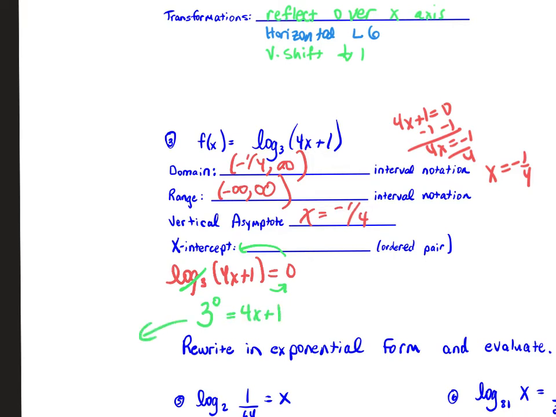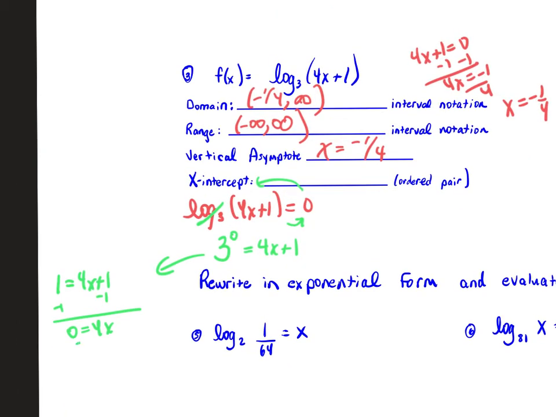I'm going to move over here to do my work. So 3 to the 0 power is 1. So 4x plus 1 equals 1. I'm going to subtract 1 from both sides. So I get 0 equals 4x. Divide both sides by 4, and I get x equals 0. So when I plug in 0 for y, I get out 0 for x. So my intercept is at 0, 0.